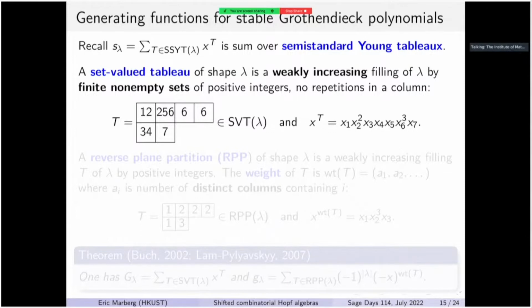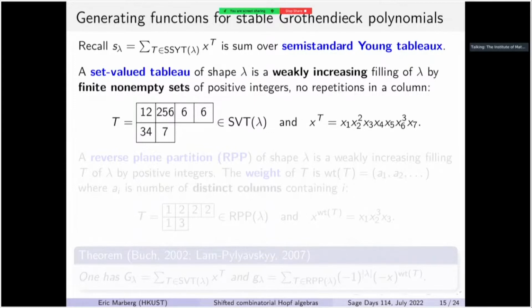So you take the Young diagram of a partition lambda, something like this, and you fill each box by a non-empty finite set of positive integers. So this 256 is really the set 2, 5, 6. And you want the rows and columns to be weakly increasing in the sense that the maximum element in one box is at most the minimum element of the next box. But we allow no repetitions in a column.